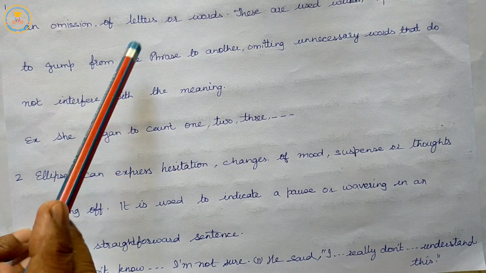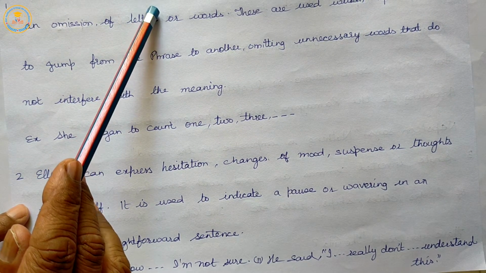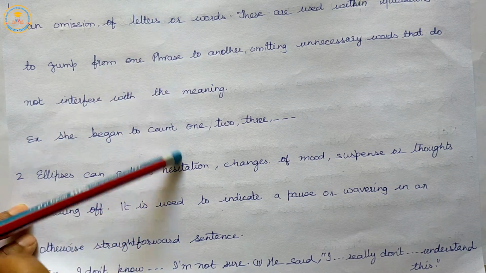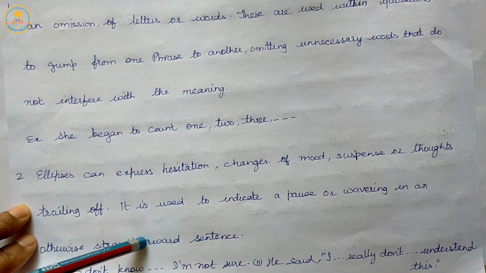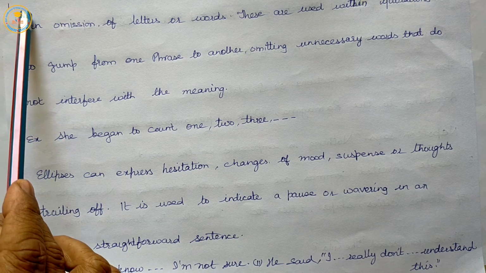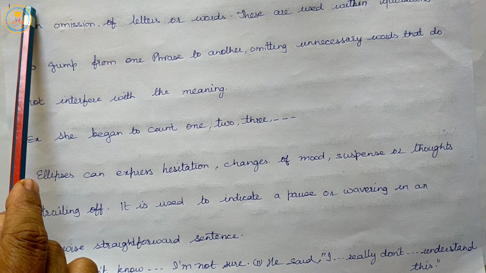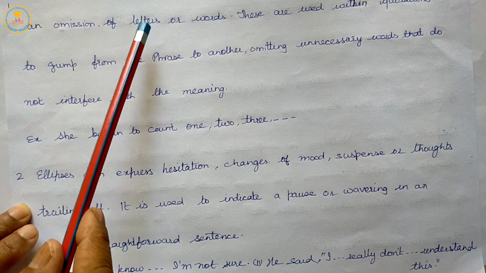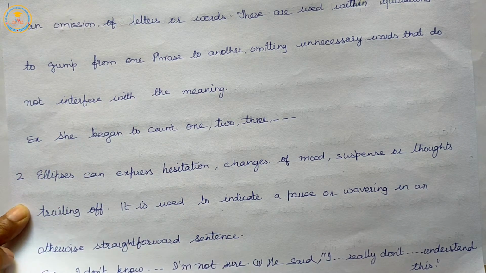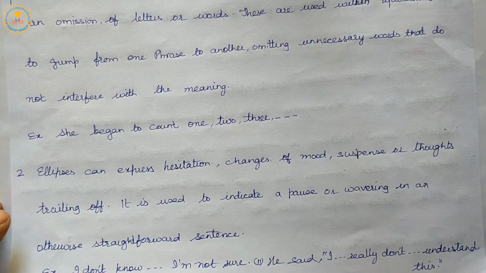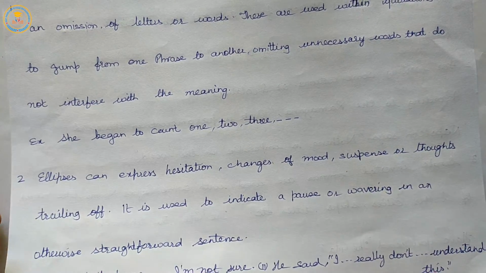For this, to make it clear, you should go thoroughly through the rules and the steps we use for the exact use of this punctuation mark, ellipsis. Thoroughly read these examples, definition and the rules.